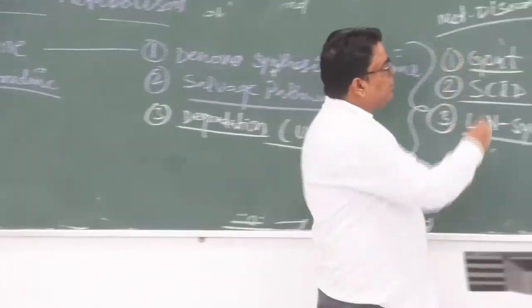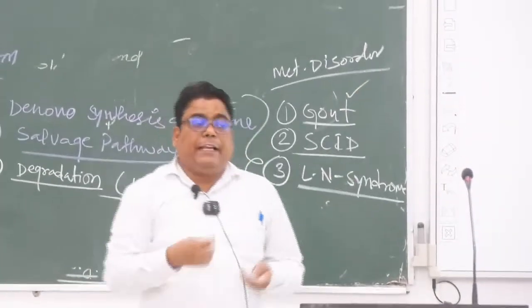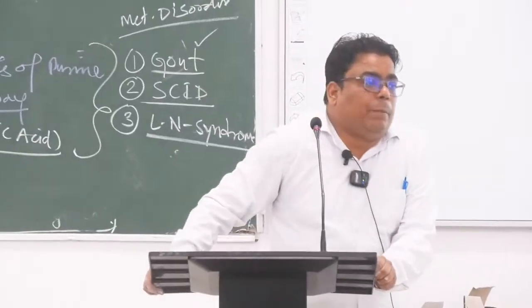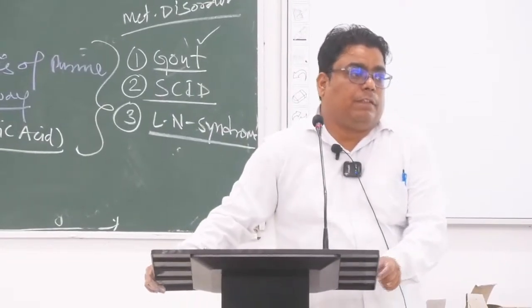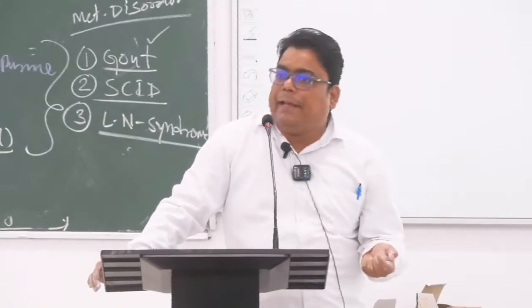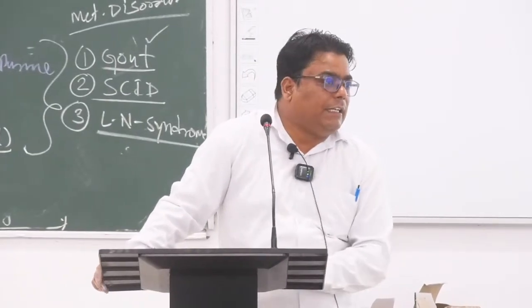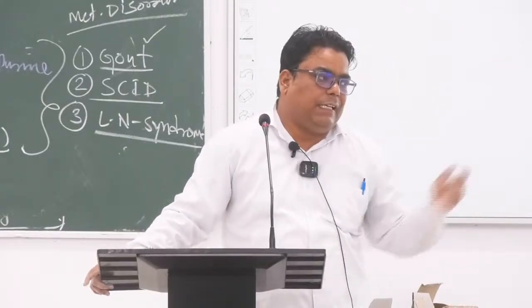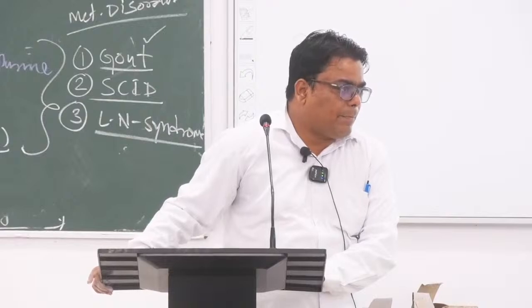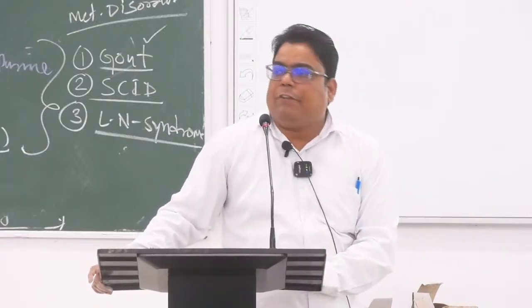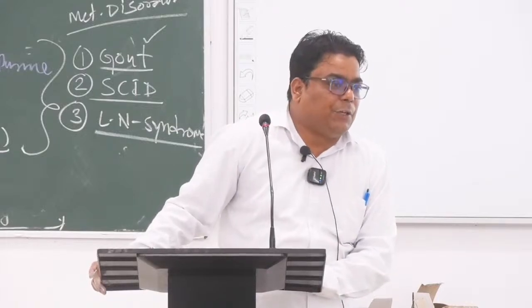Lesch-Nyhan syndrome. The case comes from this disorder. Now how will the case come? A child comes to the pediatric OPD with a complaint of self-mutilation, pain, and mental retardation. And in the biochemical parameters you will see a high level of uric acid. Now you write the provisional diagnosis: Lesch-Nyhan syndrome.